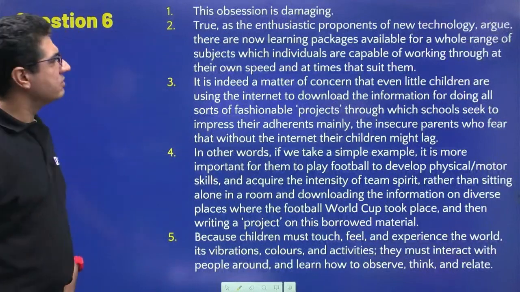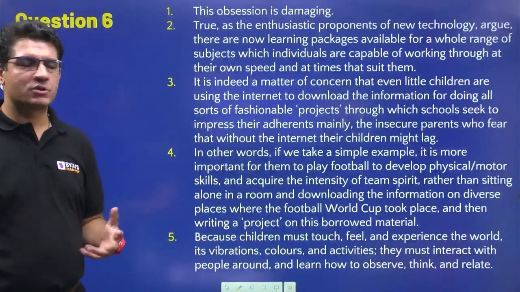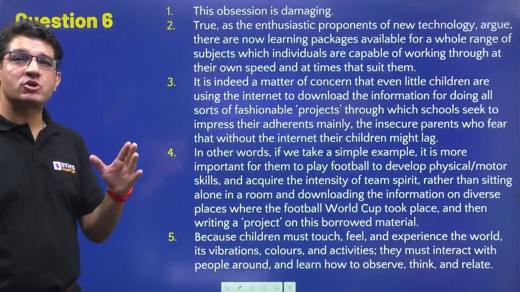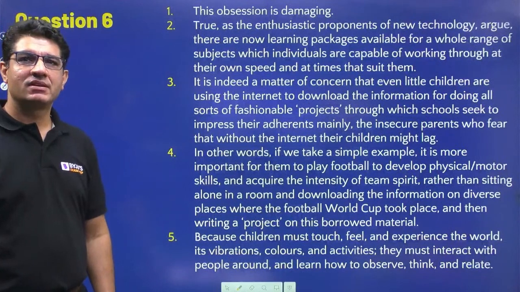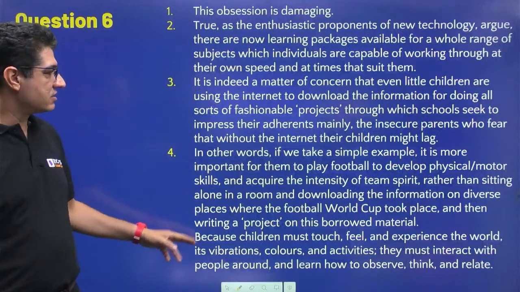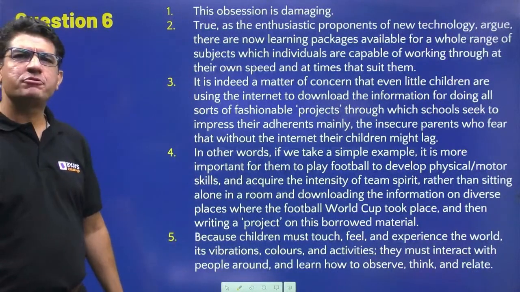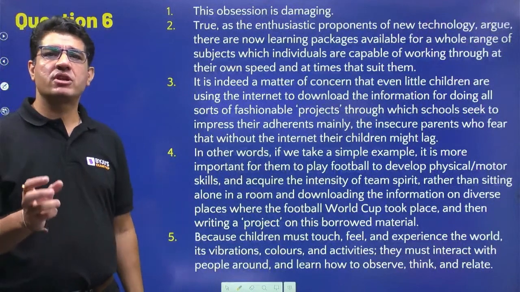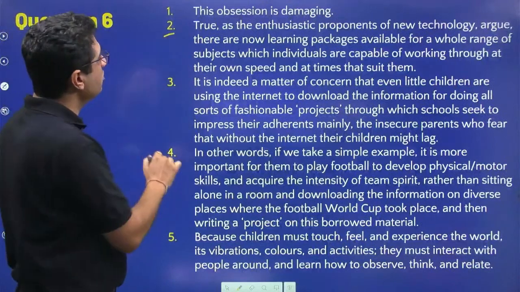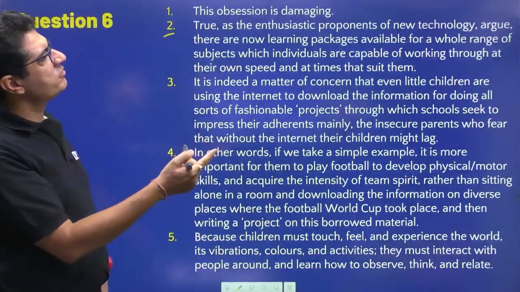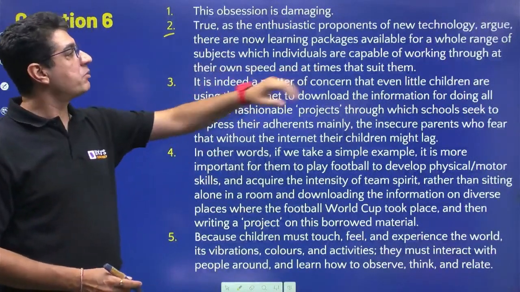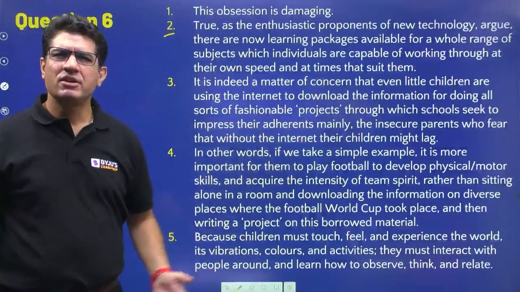So my first instinct while solving these questions is to read all the sentences and try to come up with some sort of a theme. Now, if you look at all of these sentences, you realize that 4 of these are talking about children and their use of technology. 2, on the other hand, says, "True, as the enthusiastic proponents of new tech argue, there are now learning packages available for a whole range of subjects, which individuals are capable of working through at their own speed and at times that suit them."